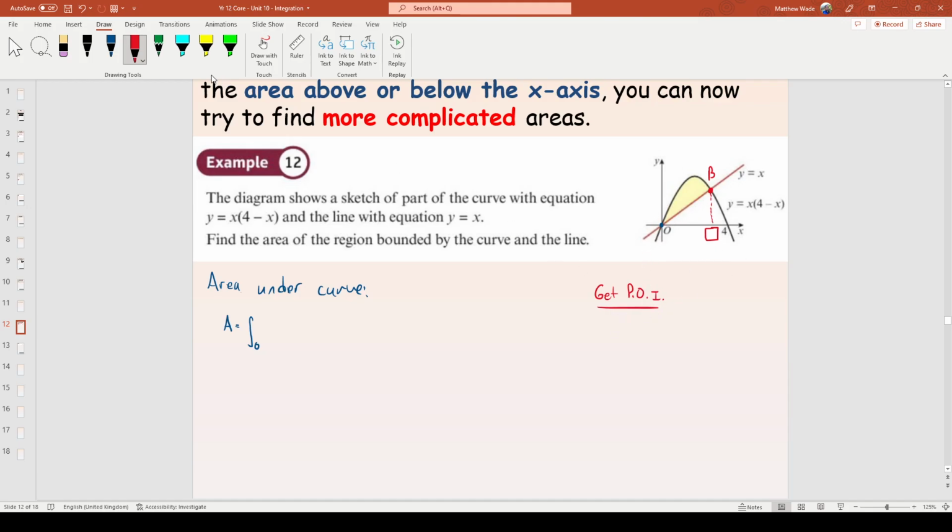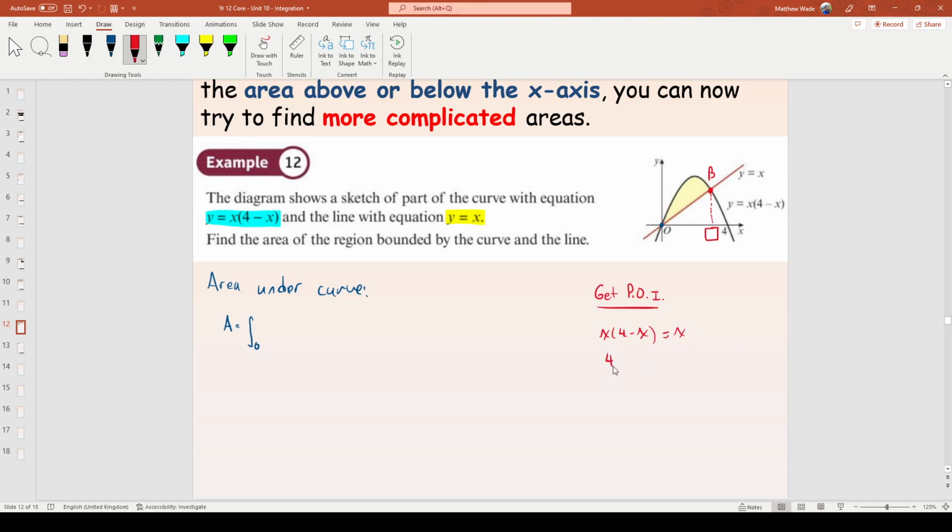We've already been given what the two equations are. We know that one is y equals x(4 minus x), and we know that the other is just y equals x. So if we're after the point of intersection between those two, we're simply going to equate them because they both start with y equals. So the left-hand one, x(4 minus x), will equate with the right one, which equals x.